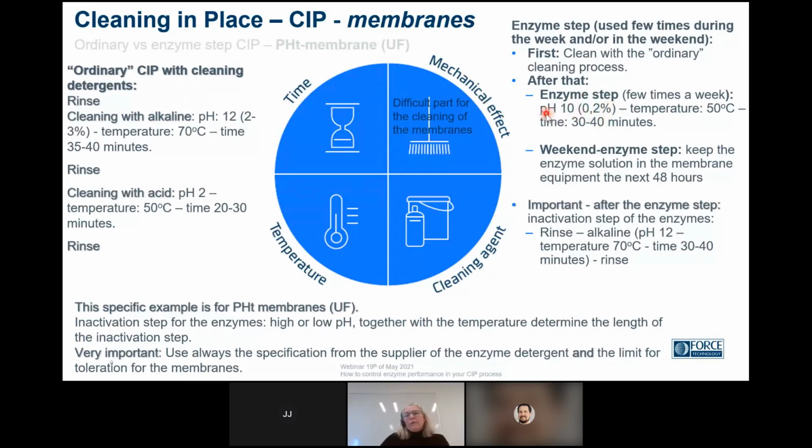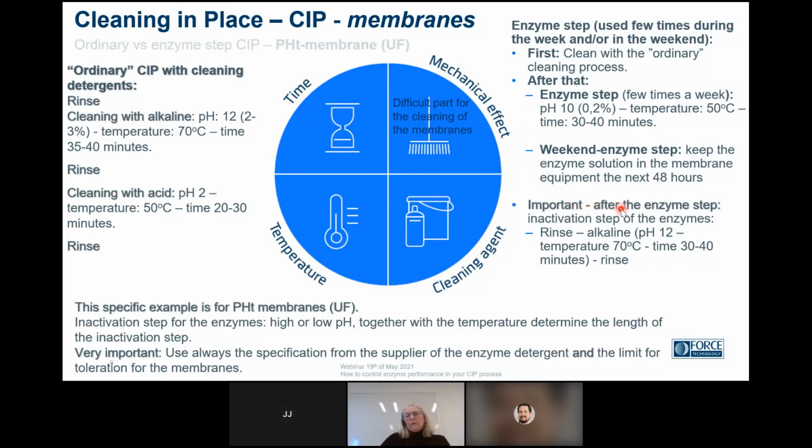When we're using it a few times a week, we have a pH of 10, temperature of 50, and a time of 30 to 40 minutes. When we are using it on the weekend, we have the same solution, the enzyme step, but we keep the solution in the membrane equipment for the next 48 hours and then rinse it out.